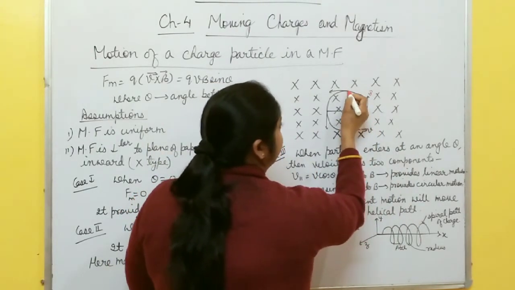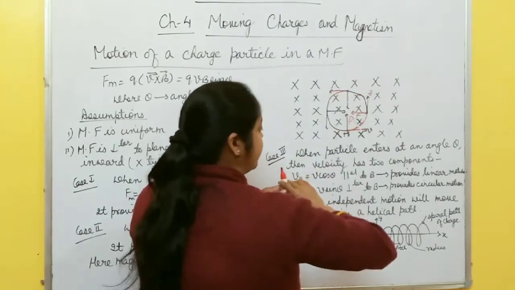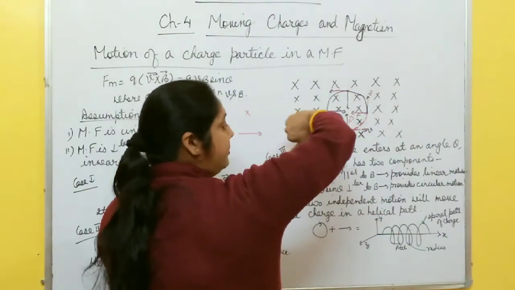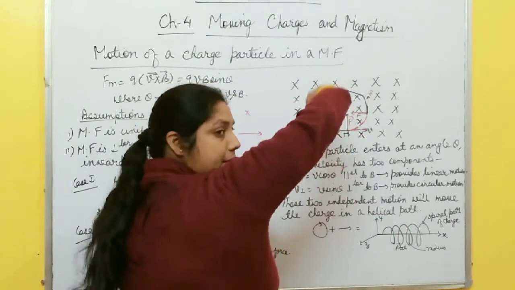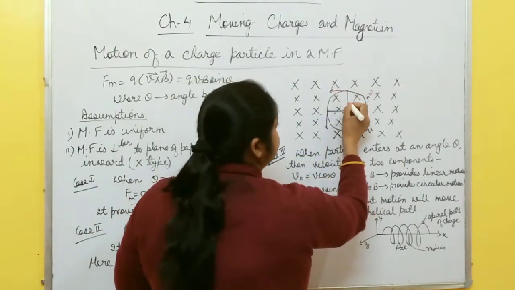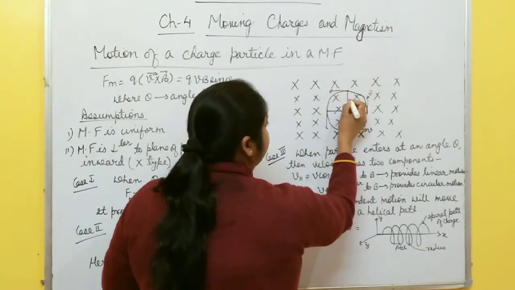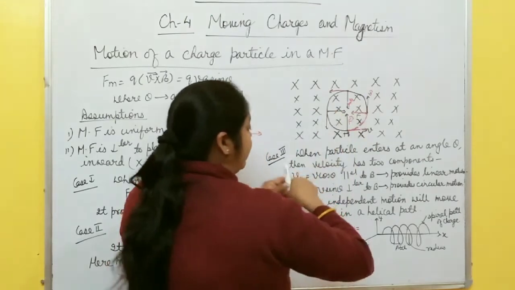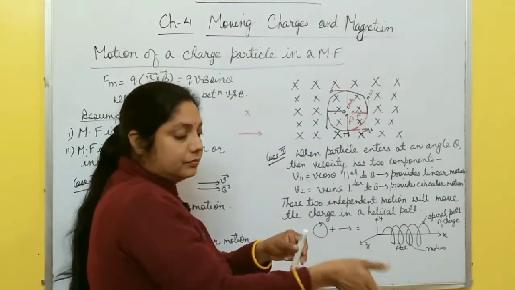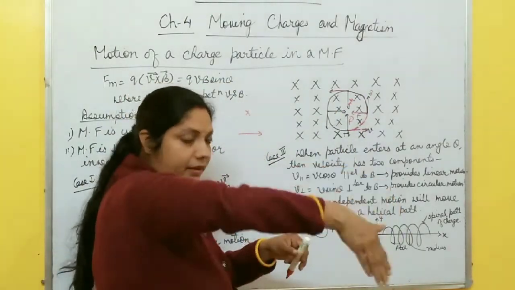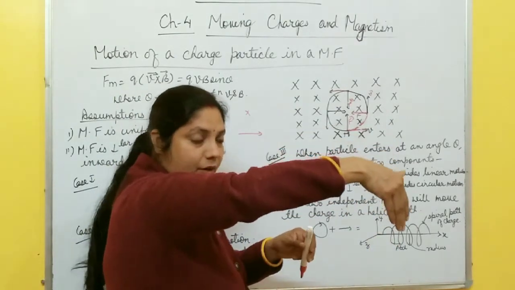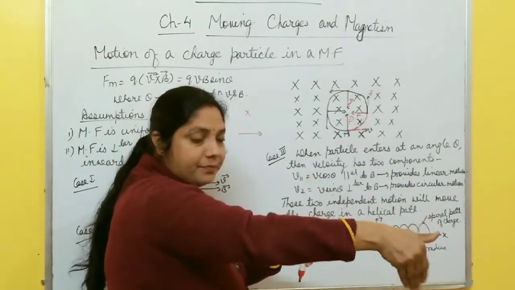In the same way, at this point, V is in this direction and the magnetic field is inward. So, the thumb gives the direction of force. It means force is in this direction. Again, at this point, velocity is what? Downward, on this side, and the magnetic field is inward.